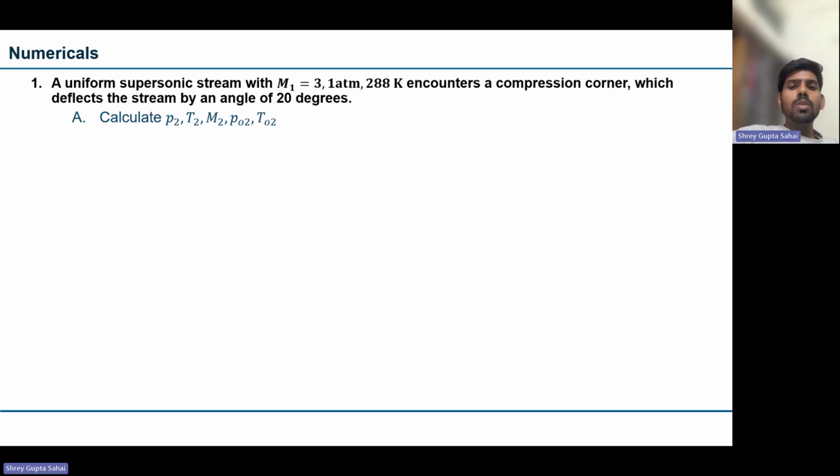Now the second part is, if the deflection angle is increased to 30 degrees, repeat the exercise.